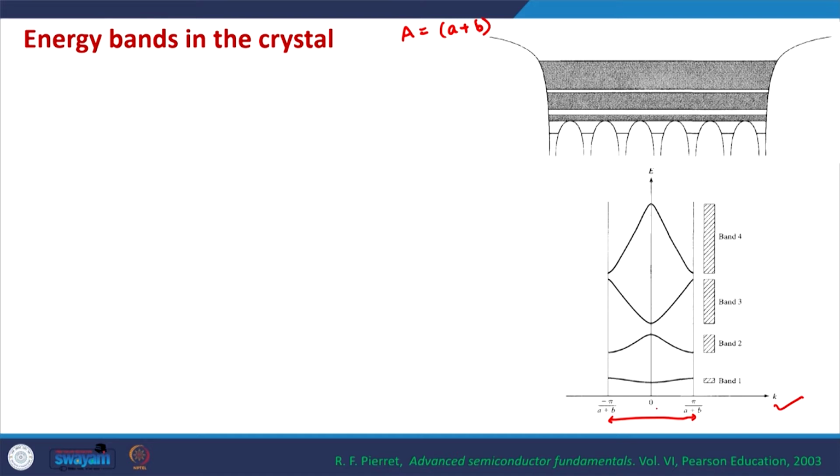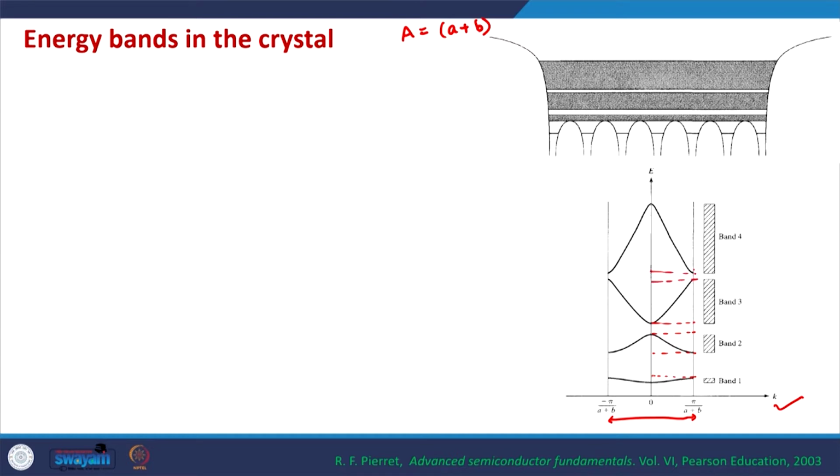The solution of the Schrodinger equation and the statement of Bloch's theorem also conveyed that there will be an energy range for which no K value will exist, and we can see this from here.